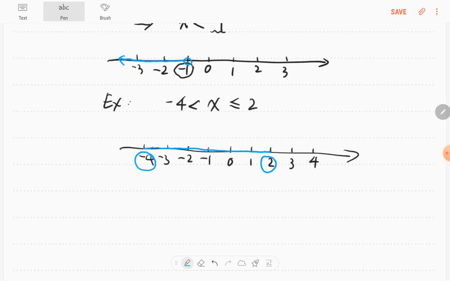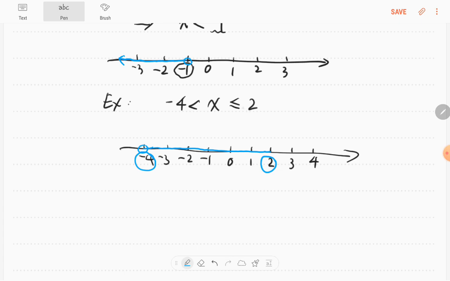Then the last step, we need to figure out the single points. For -4, is it possible to be exactly -4? When we check the inequality, there's no equal sign on the -4 side, which means we should put an open circle for -4, so -4 is not included.